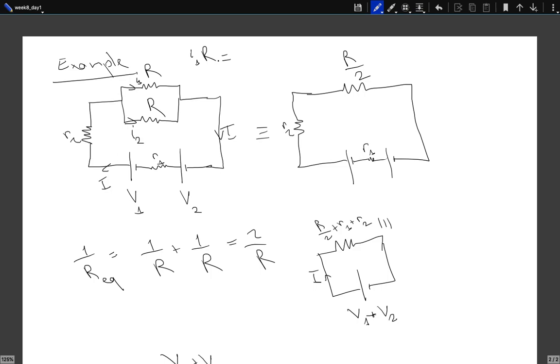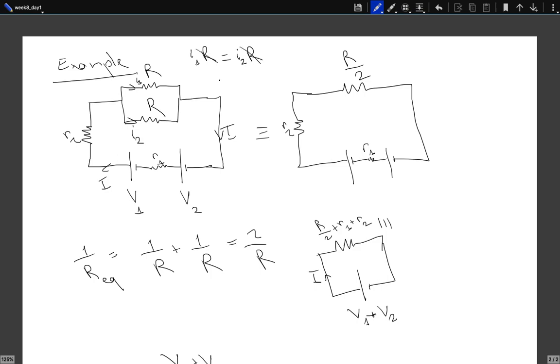Because as we had seen before, the potential difference will be independent of which path you choose. I can choose to go like this. The potential difference will be I1 times R. Or I can go like this. The potential difference will be I2 times R. This will work even if the resistors were different.